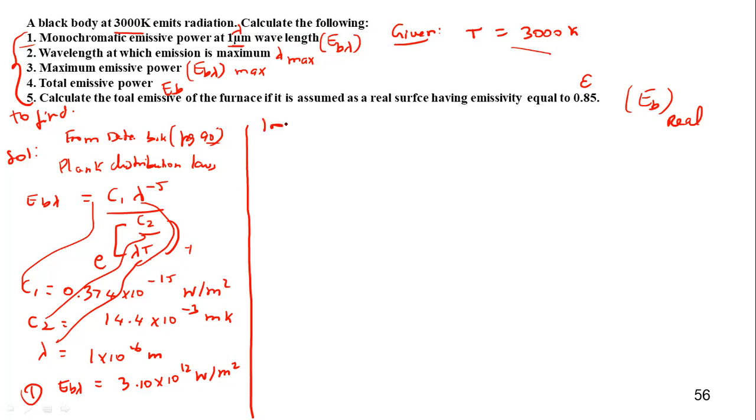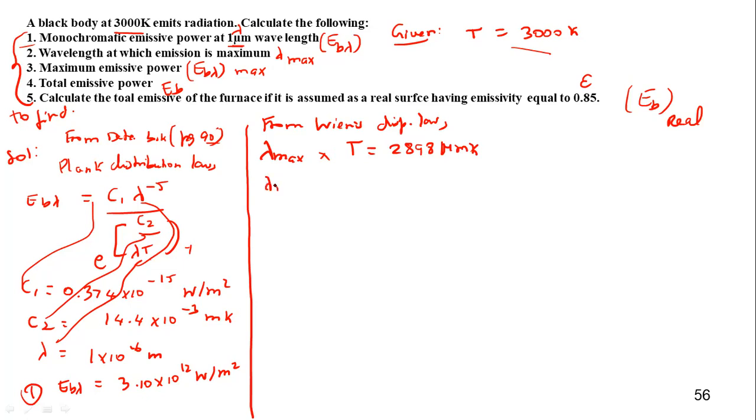From Wien's displacement law, the formula is given: lambda max, the maximum wavelength, into surface temperature, equal to 2898 micrometer Kelvin.